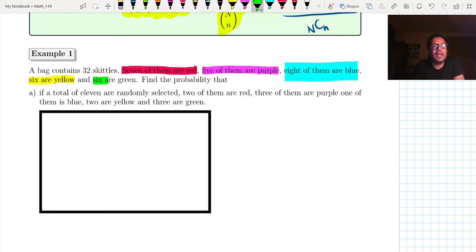So in this case, we don't have just good and bad ones. We are going to have even more samples to choose from.